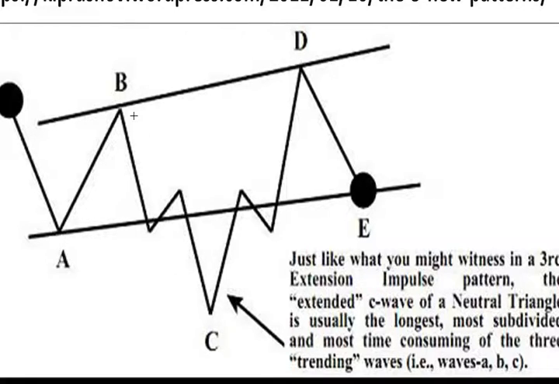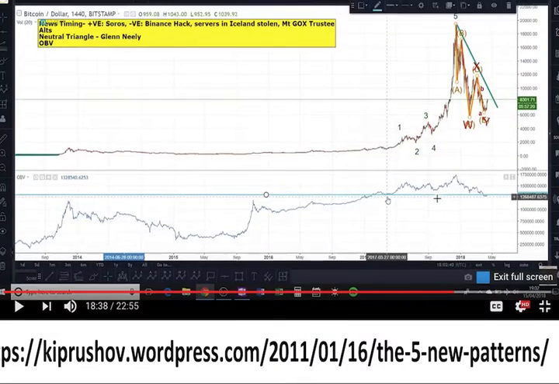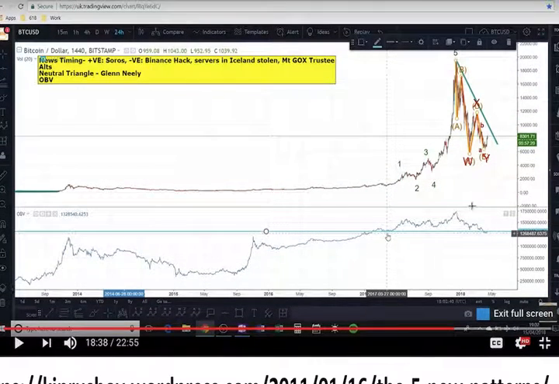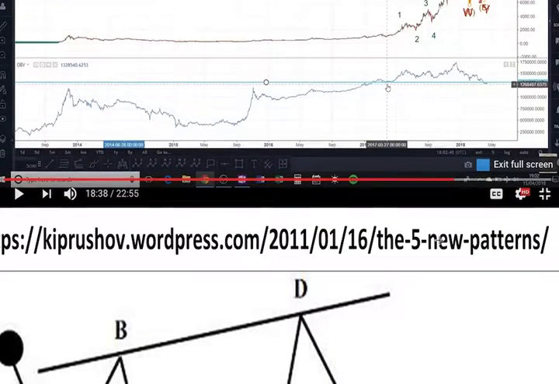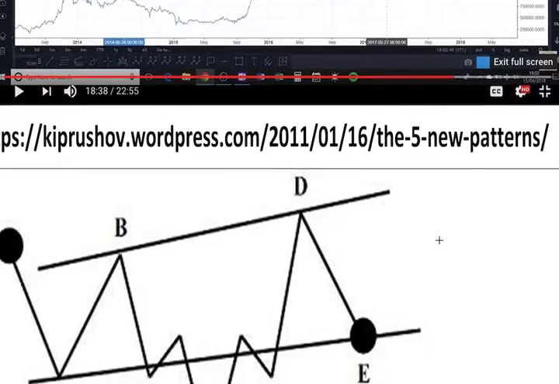A, B, C was the 6,000. Then it went up to D, which is that 11,700, and then the E finished over here. So that's not commonly known among Elliott wave technicians, and he points out that 6420 could have been the finishing count of the Elliott wave count.